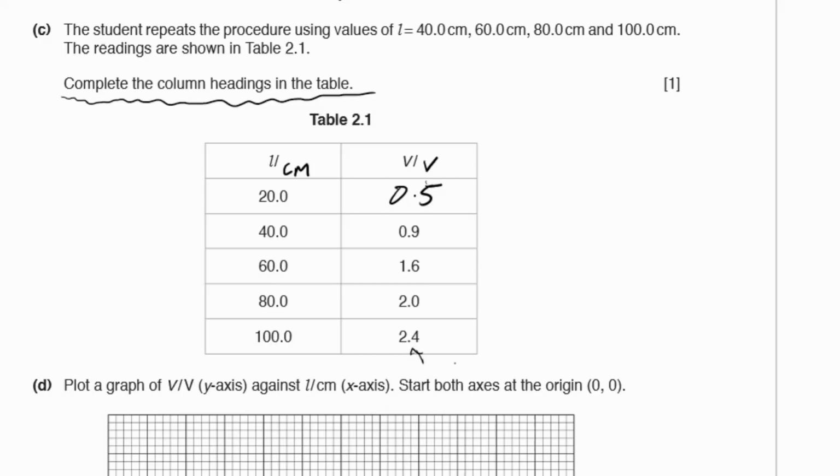What's probably going to be a good scale there, because it takes it all up, if possible, would be, say, 5 squares, each square equals 0.5 volts. That would be a good scale. And the length, probably 5 squares, each square equals 20 centimeters. So we've got quite lucky here. There's a good set of results there.